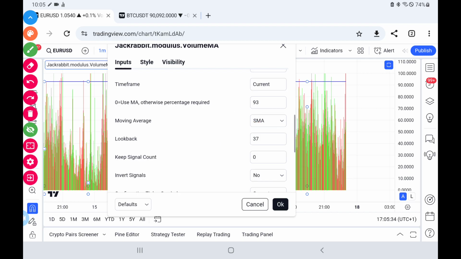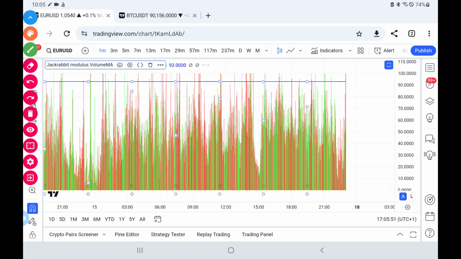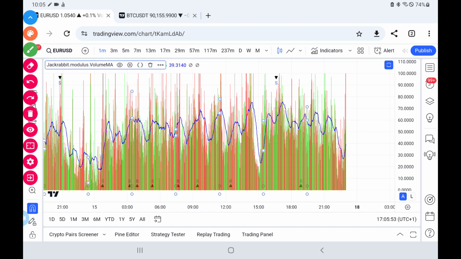But what if I want a moving average of the volume? Well, we can do that just by setting it to 0. And the volume will then be calculated as a moving average.